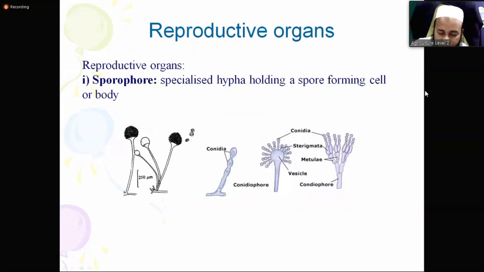So in that case, we call them spore. Sporophore means something related to spore. And phore is nothing but a stalk where spores grow. Where spores grow, this is called sporophore.